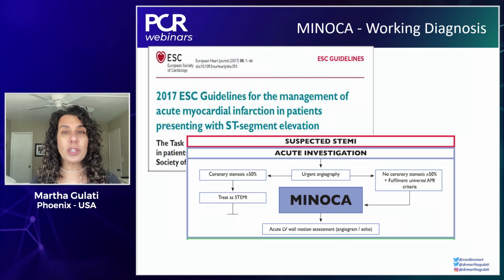Just to remind you again that these guidelines from the ESC are excellent. We use them all the time to guide our treatment. When they present as an ST elevation myocardial infarction, obviously they urgently go to angiography, but the question is, when you find no obstructive disease, nothing over 50%, what do you do with them?